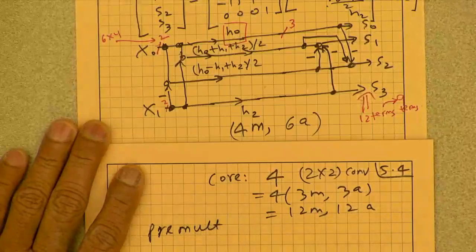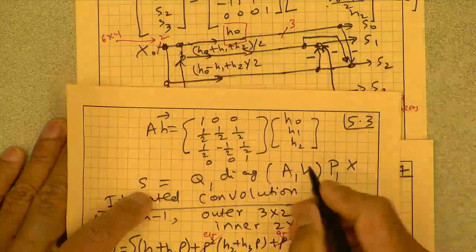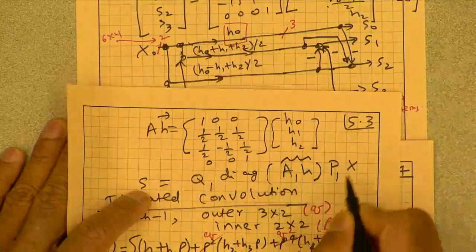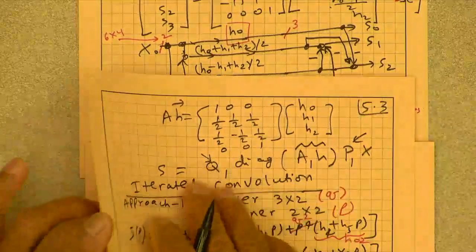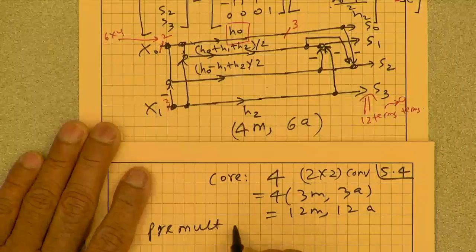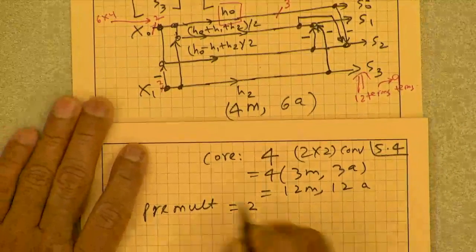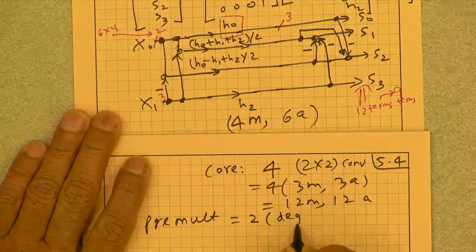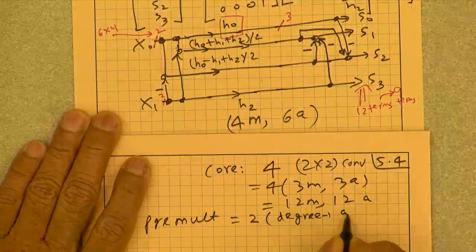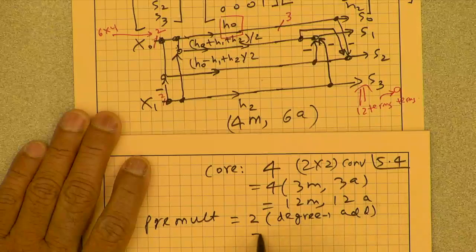The reason we call that pre-multiply is because this is where the multiplication happens, this is pre-multiply, this is post-multiply. Okay. So, the pre-multiply will be 2 add operations, but 2 degree 1 add operations. Each degree 1 has 2 terms. So, that is 2 times 2, 4 adders.